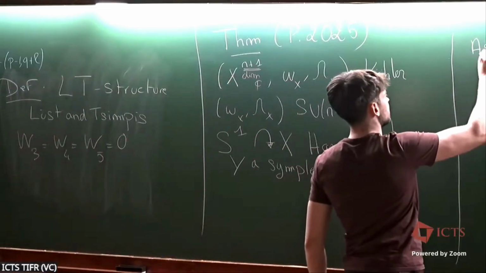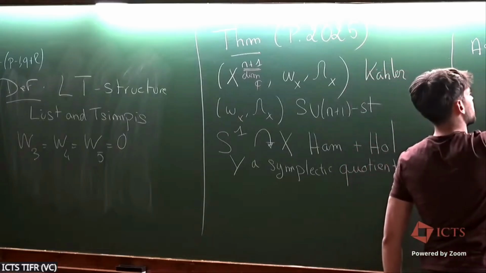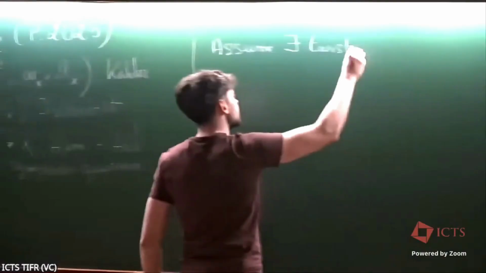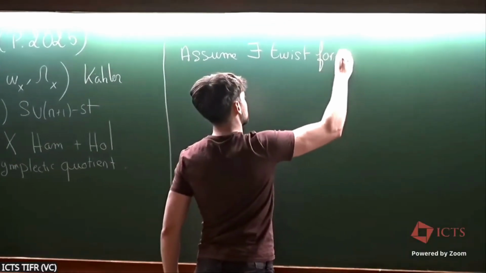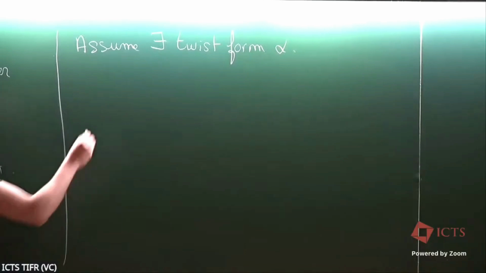Assume there exists a twist form, so I'm going to define it in a minute. I call it alpha, and then I set two forms.